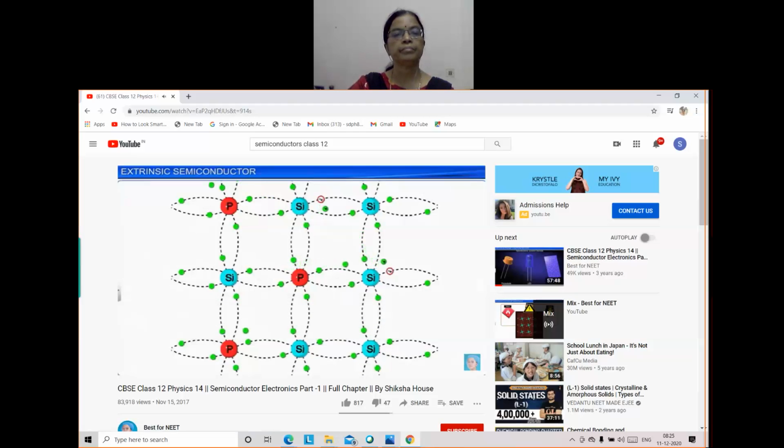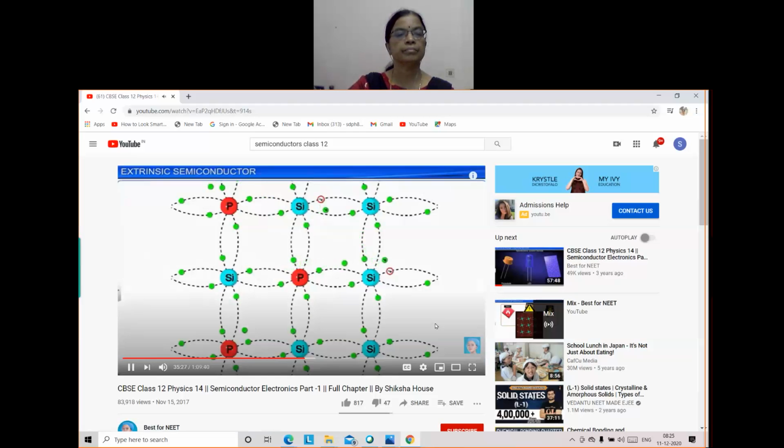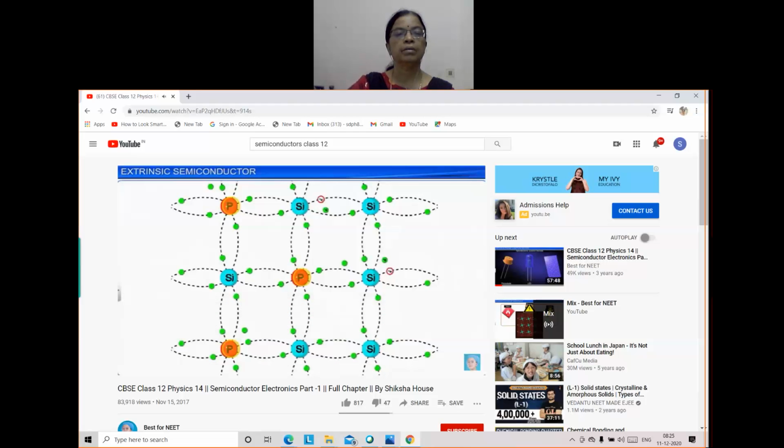Hence, in a semiconductor doped with pentavalent dopants, the total number of conduction electrons, Ne, is due to the free electrons contributed by the donor atoms, which are pentavalent dopants, and those generated intrinsically.